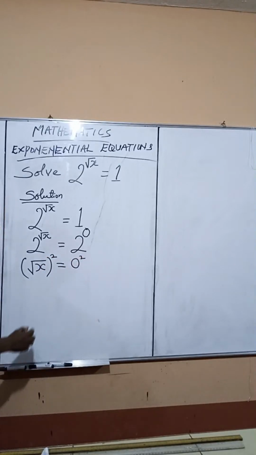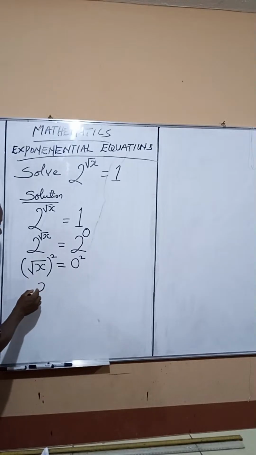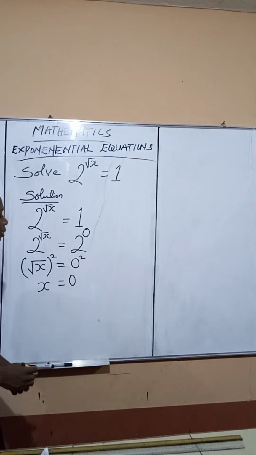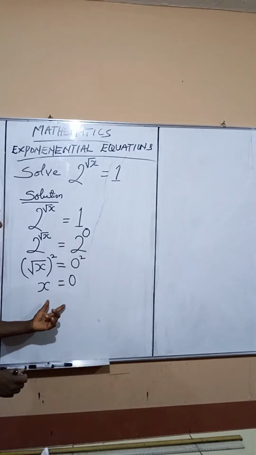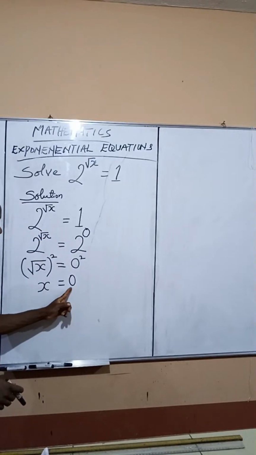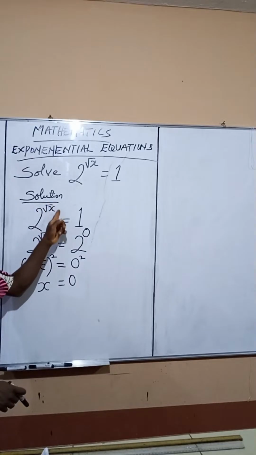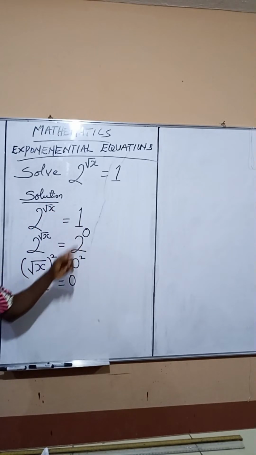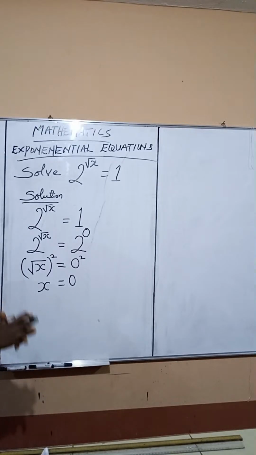If we square both sides, the square root will disappear from here, leaving us with x equal to 0. This is the answer. If you want to test it, put it here. If you want to know if you are correct, take this 0, put it here. The square root of 0 will be 0, and 2 raised to 0 is 1. That is how simple it is.